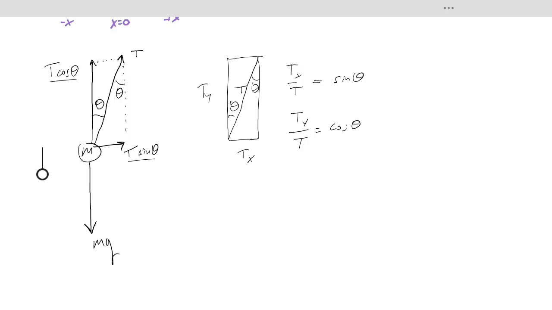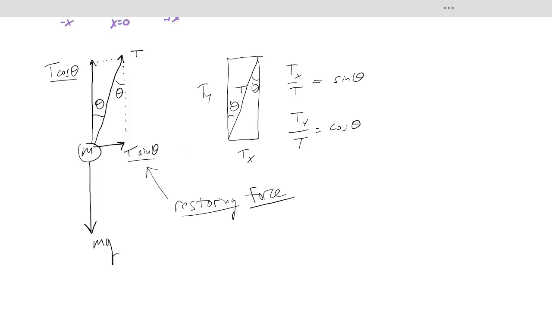So now that I've set this up, I know that as the mass swings, this is what we call a restoring force. Because if the mass goes off to the negative side, then that T sine theta is going to pull it back to the center. And if the mass goes off to the positive side, over here, that T sine theta is going to point the other way.